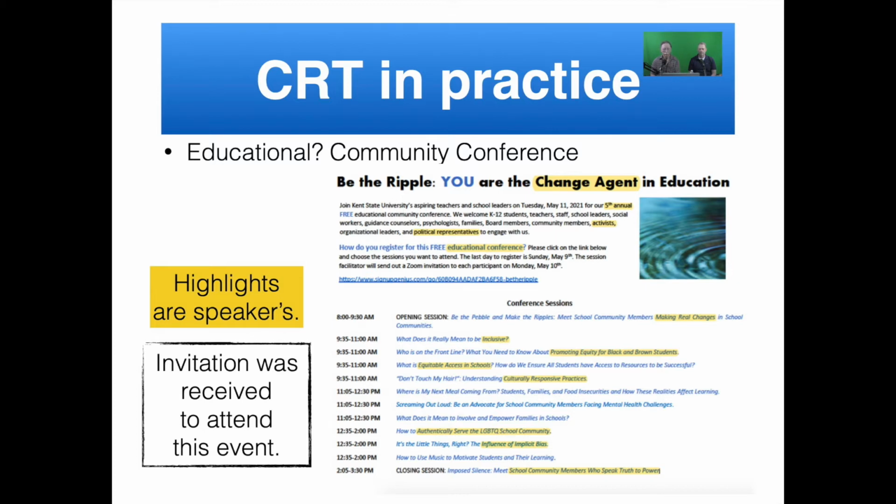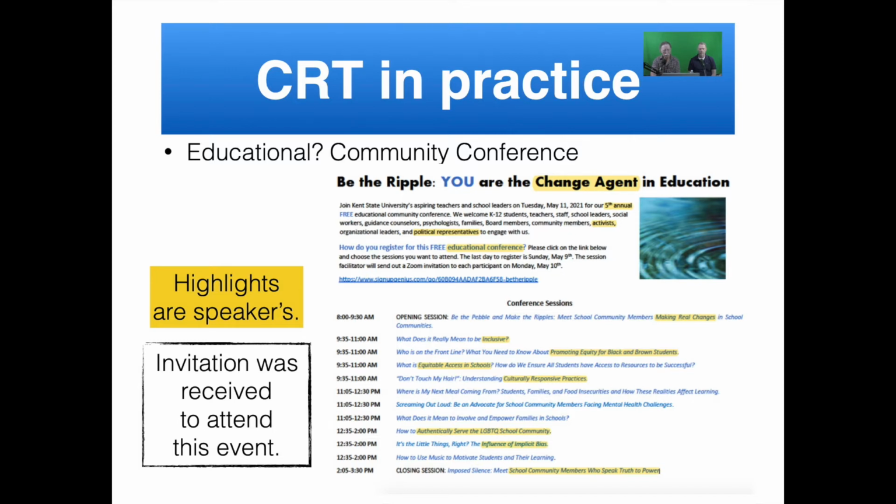It was open to students, teachers, staff, school leaders, workers, guidance counselors, psychologists, and families. All the yellow highlights on the page, it's hard to read the words, but I wanted to make people aware how they can see these key words, this terminology, and how it seeps in. The phrase "change agent" basically means moving people towards being activists in education.